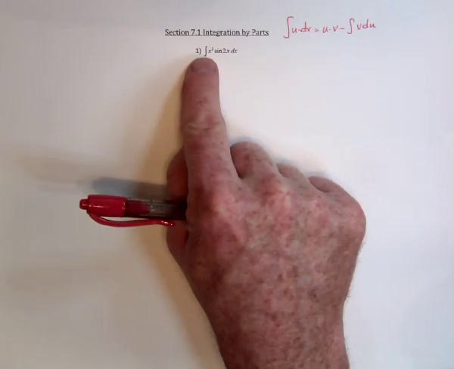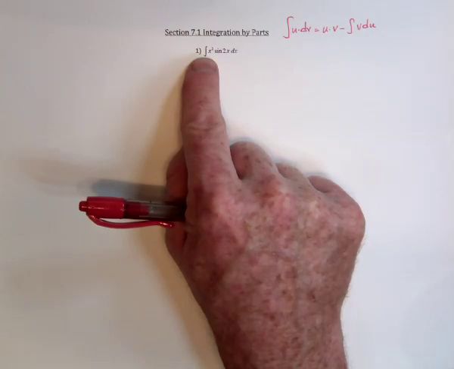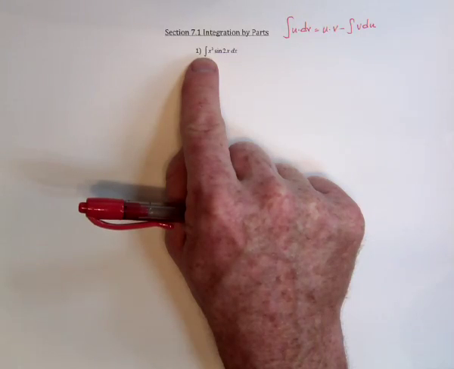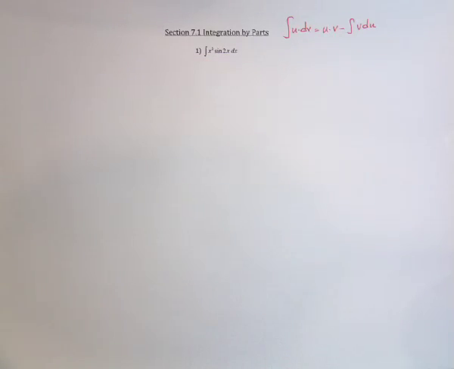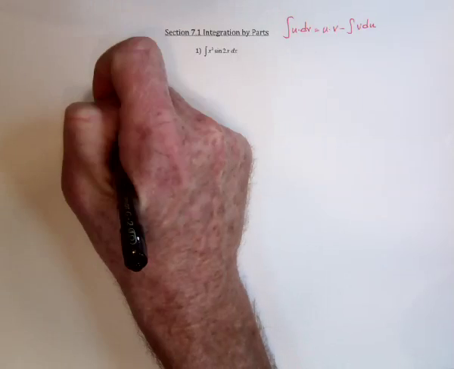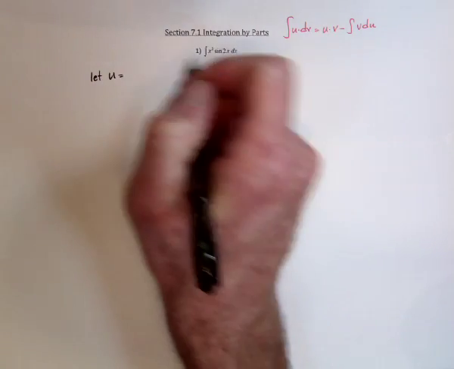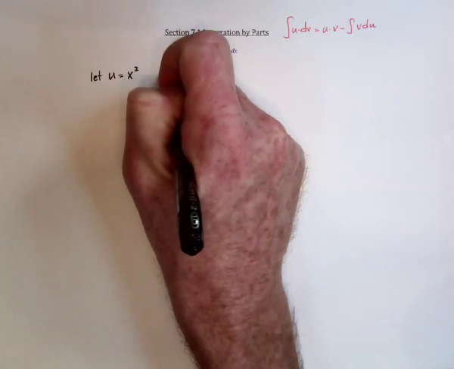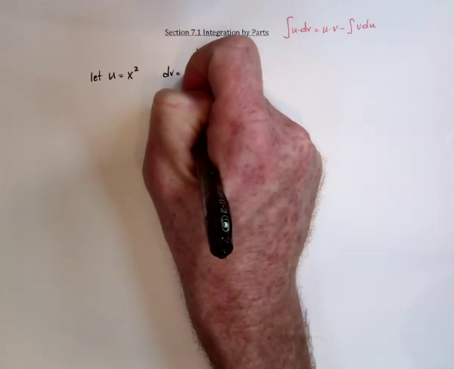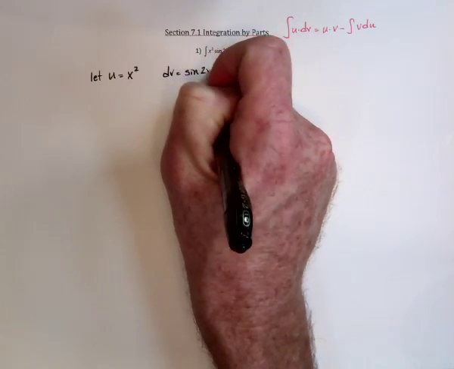Over here, if we choose u to be the x squared, the derivative of that is 2x, which is a simpler function to integrate. So we start with u is equal to x squared, dv is equal to the sine of 2x dx.